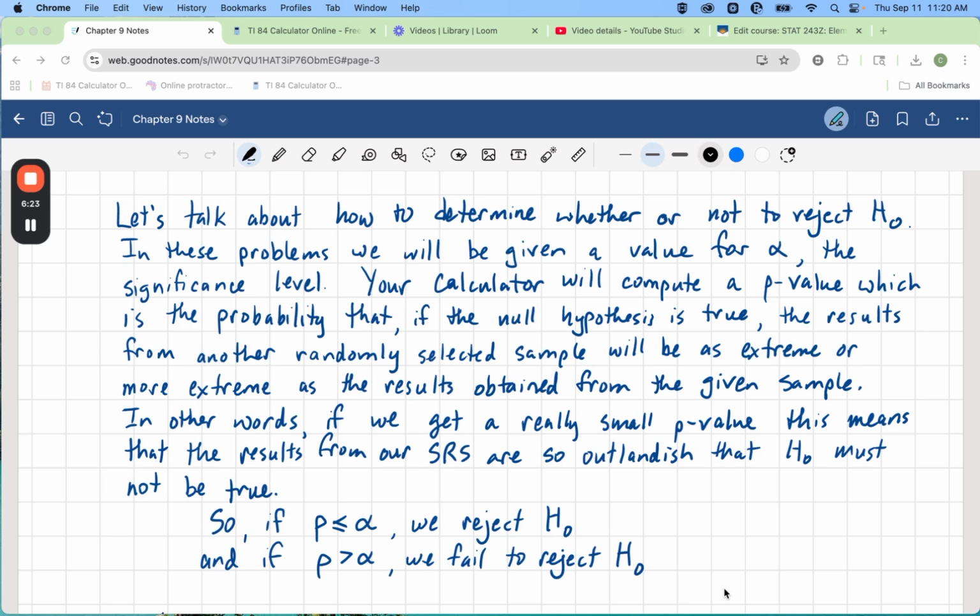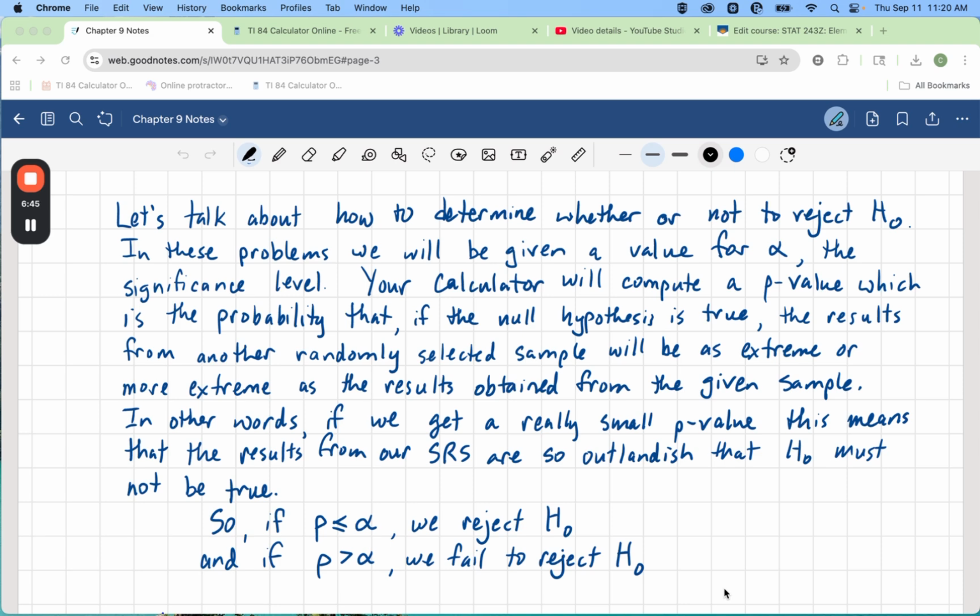In other words, if we get a really small p-value, that's a really low probability that our data would have led to the conclusion we reached for the mean or proportion. So it's very outlandish data.